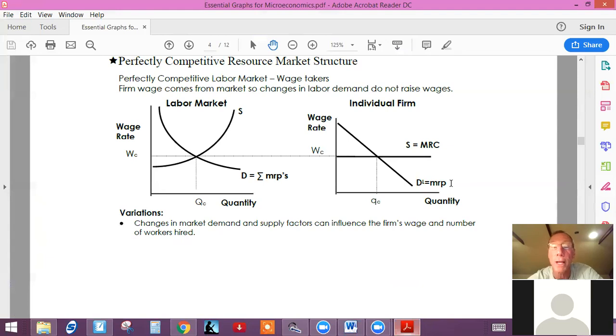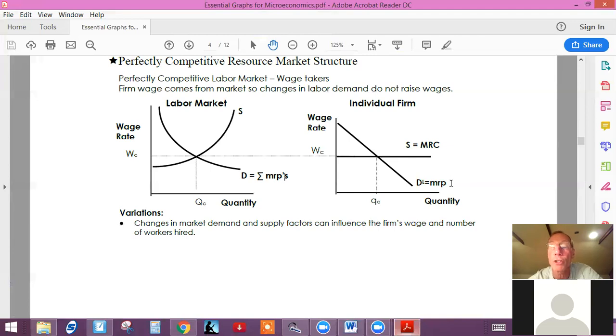So if a worker is able to produce 2 more units for the firm in an hour, and the price of those units is $10, then that worker has added 2 times 10, $20 in revenue as a result of his or her work.